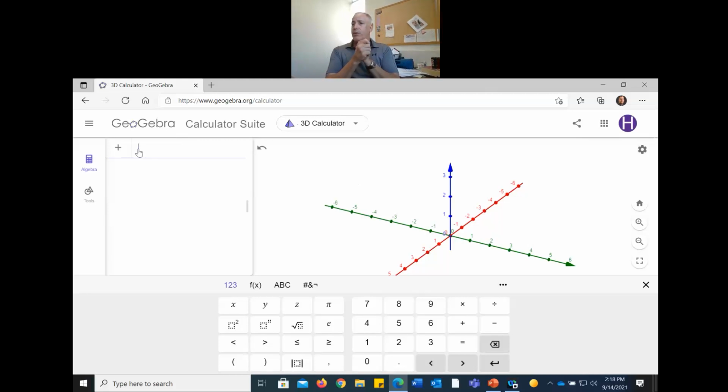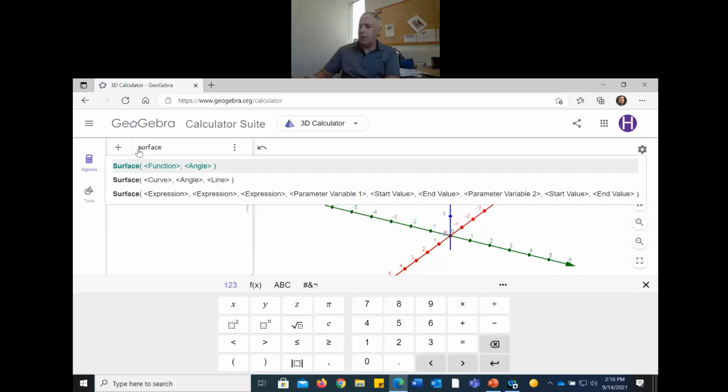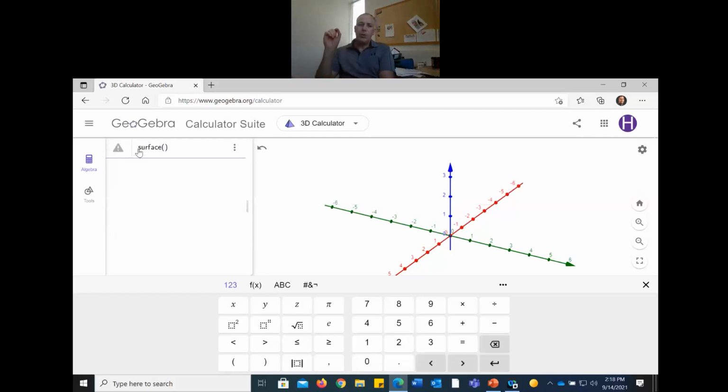So we're first going to plot the s orbital, and the s orbital is just a constant, so I'm just going to leave it as a 1. So we're going to type surface, parentheses, and then we need to put the values of x, y, and z, and then we're going to give the quantities for theta and phi. Theta goes from 0 to pi, and phi goes from 0 to 2 pi.